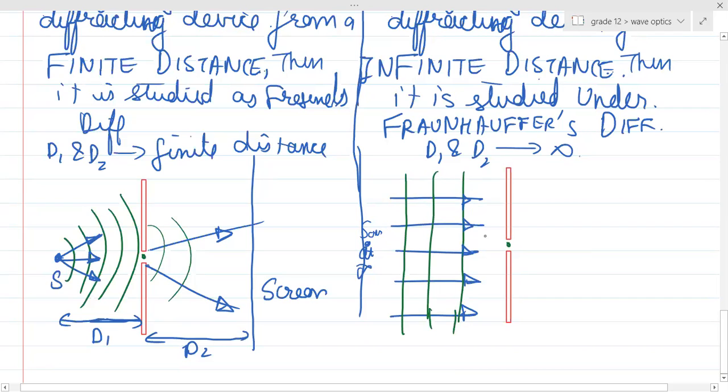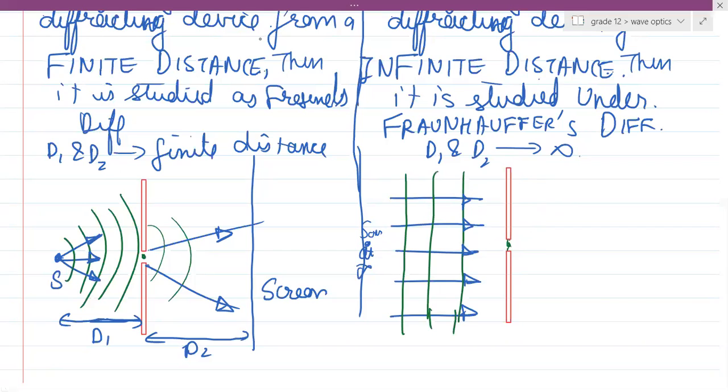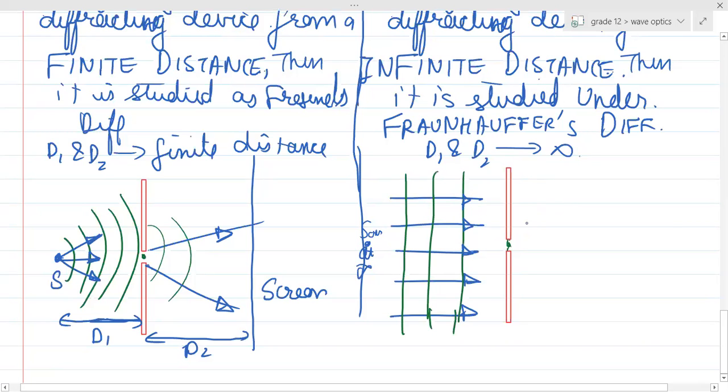What will happen when these plane wavefronts fall on this slit? Again, there will be a diffraction pattern. The light will be diffracted like this in all possible directions, right?